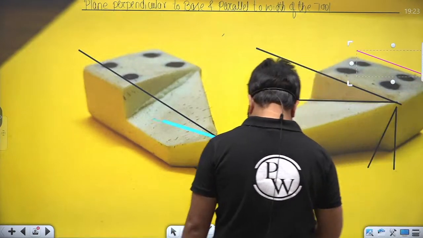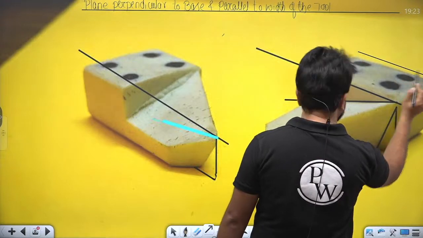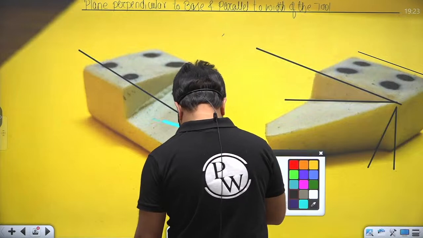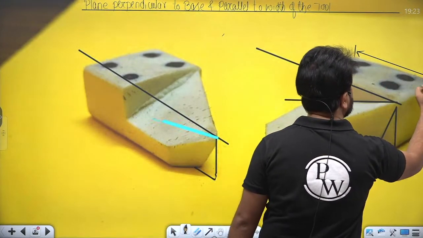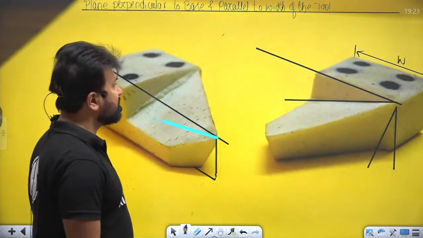This is what, the width of the tool, right?